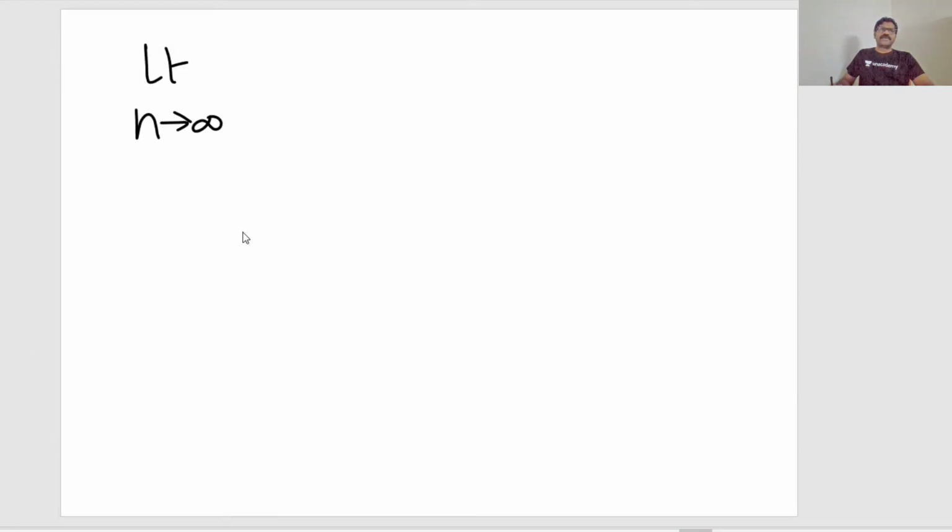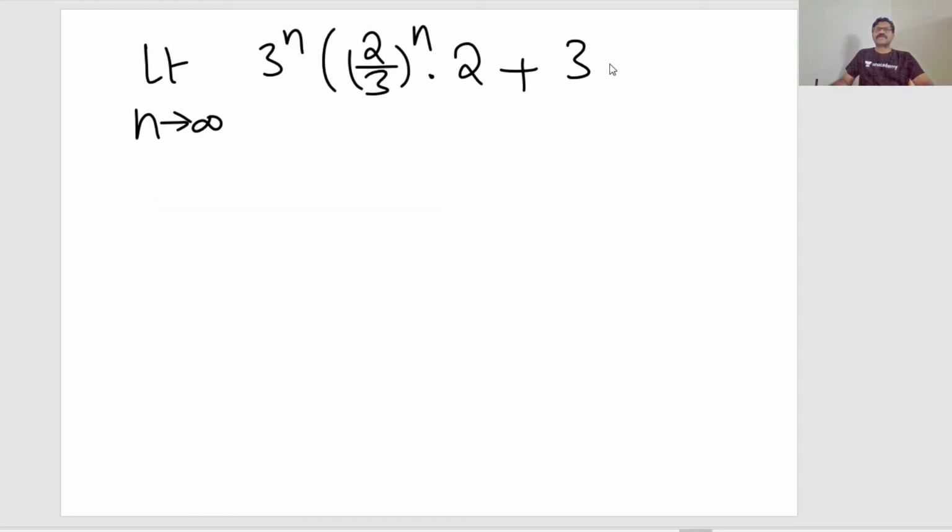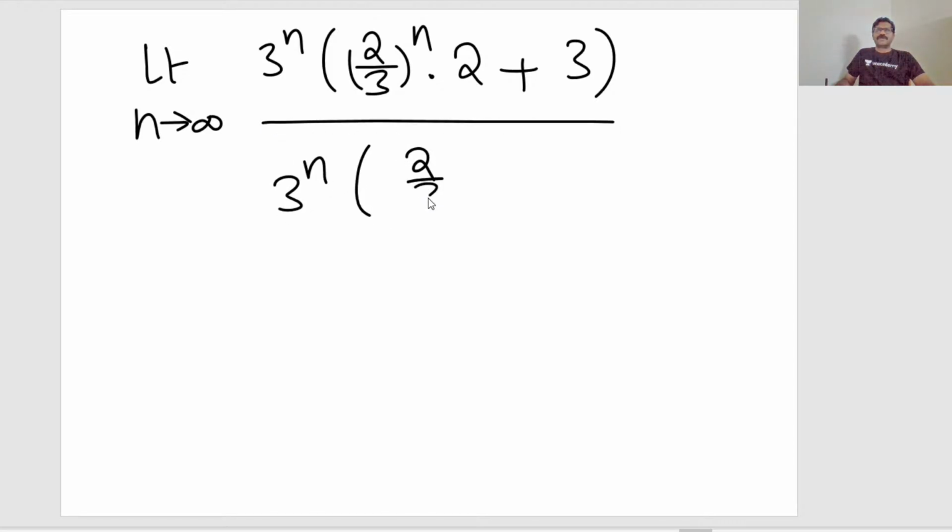If you take 3 power n common, you will get (2 by 3) whole power n multiplied with 2 plus 3, by (2 by 3) whole power n plus 1.